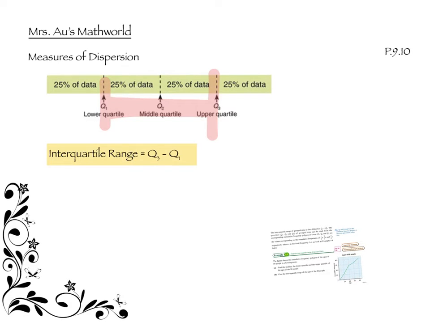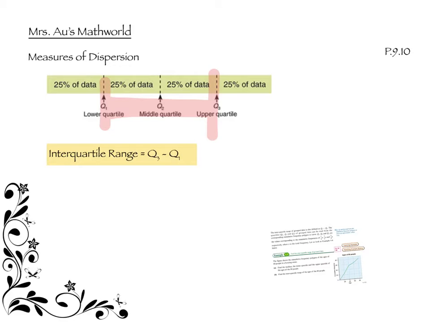In math terms, we write it as upper quartile Q3 minus lower quartile Q1. Let me repeat. The interquartile range means this interval, which is the upper quartile minus the lower quartile.